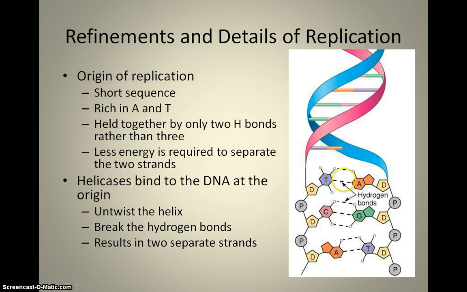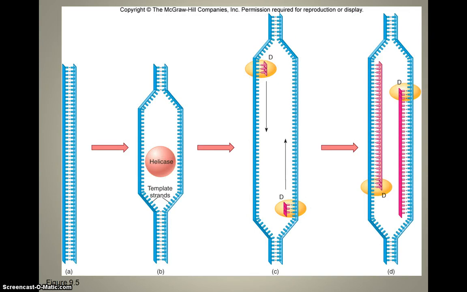So helicase finds an area where there's lots of A's and T's, and it untwists and breaks those hydrogen bonds between the A's and T's, and basically opens up the two strands so we can start the process of replication. So you can see here that you've got your double-stranded piece of DNA. Helicase comes in and pushes open the sides, right?